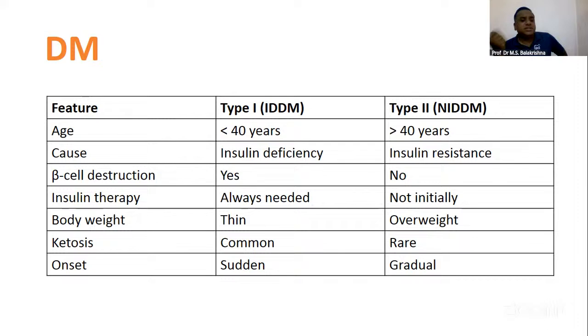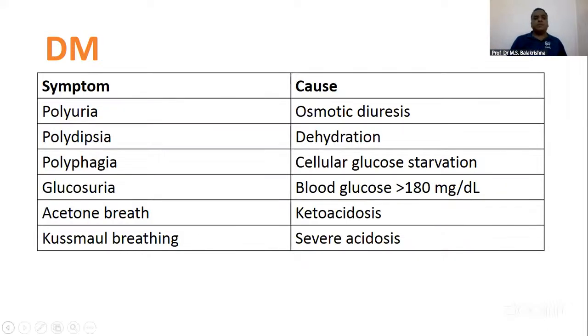Beta cell destruction is not there. You should know these differences between type 1 and type 2. Basic terminology: polyuria, polydipsia, polyphagia, glycosuria, acetone breathing. These are straightforward questions. No excuse if you don't know this.